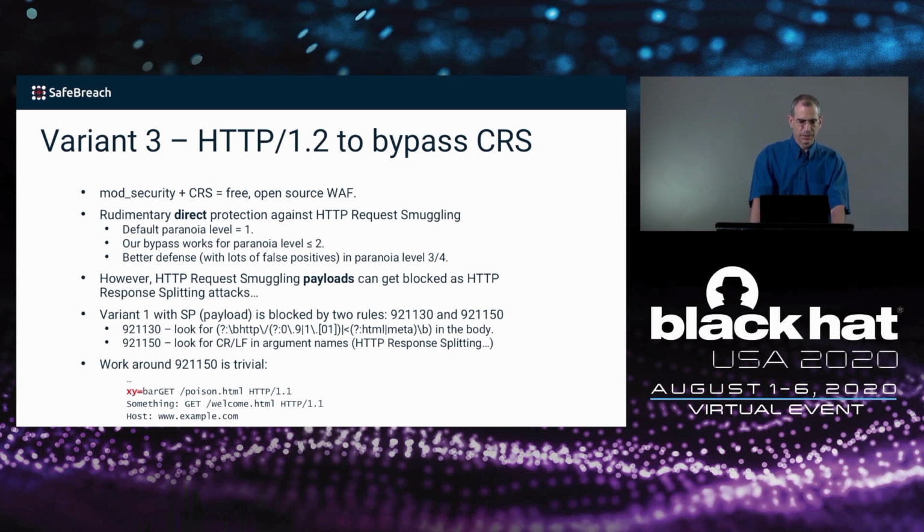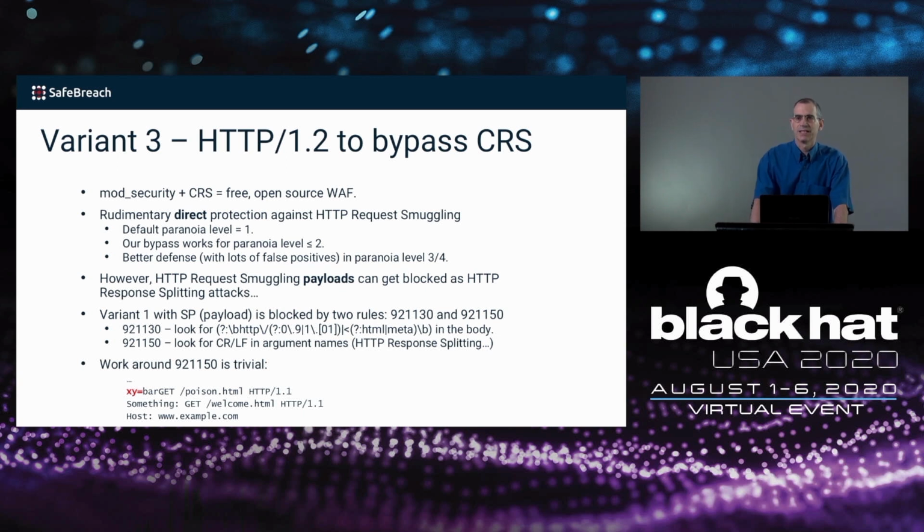So for example, we have two rules: 921130 that looks for a pattern of HTTP/0.9, 1.0 or 1.1. And we have another one that looks for carriage return and line feed in argument names. Both are geared towards blocking HTTP response splitting. Unfortunately for us, they also work against our HTTP request smuggling payloads.